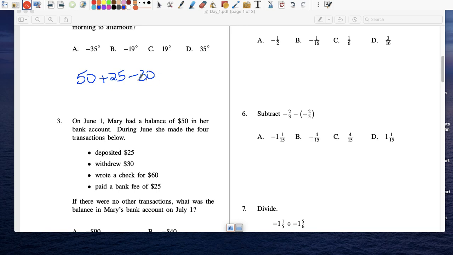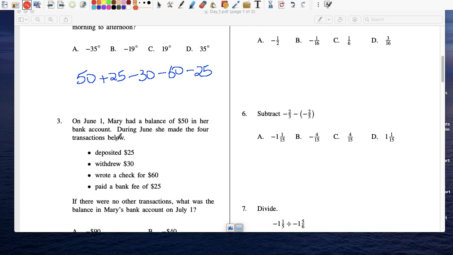She wrote a check for 60, which is the same thing as spending $60, so minus 60. And then paid a bank fee of 25. Again, if you're paying something, that's minus 25.